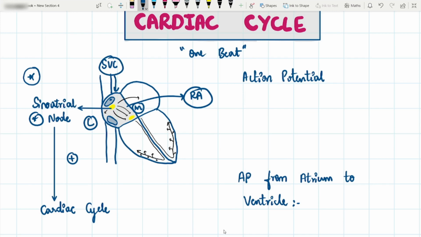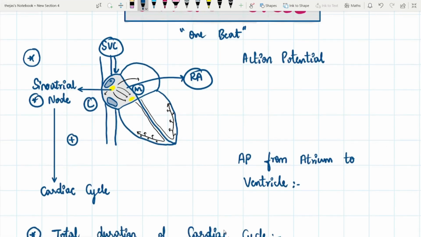Now the sinoatrial node produces action potentials. These action potentials from the sinoatrial node (SAN) first go to both atria, and then from the atria the action potential goes to the AV node, and then from the AV node to the ventricles. From the AV node to the ventricles there is one pathway: the AV bundle of His, and then the Purkinje fibers.